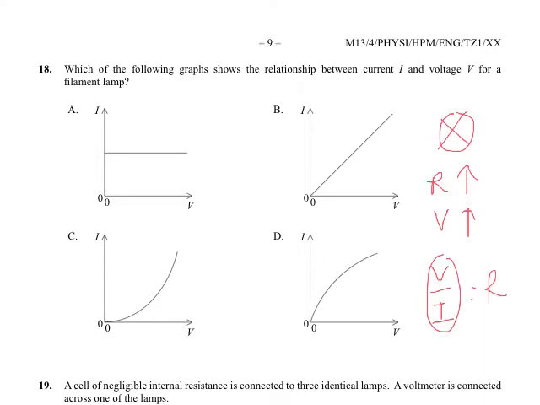So which one of these graphs shows how voltage over current increases? You have to find a slope that decreases. I know it's a bit illogical, but it's just the nature of it. So this one has a slope that's increasing, but that means that the ratio I to V is increasing, and we want the opposite. So the answer is D.